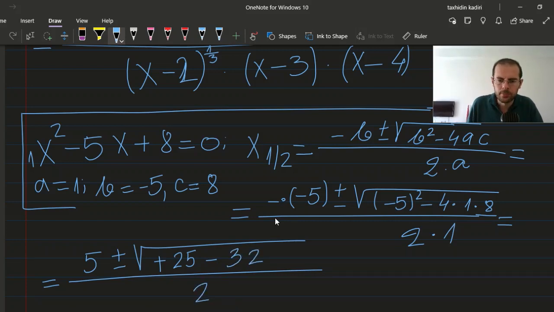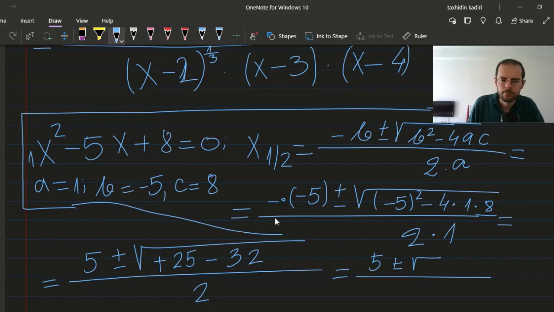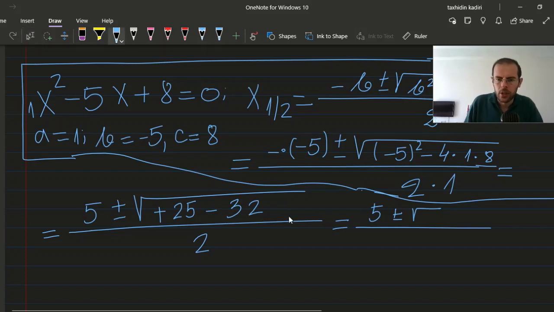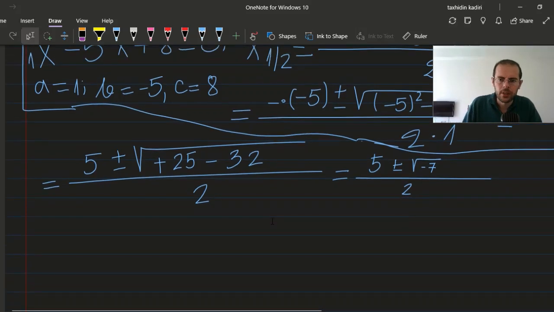And over 2. 5, here 25 minus 32 is minus 7, divided by 2. Here it means that this square root is negative.